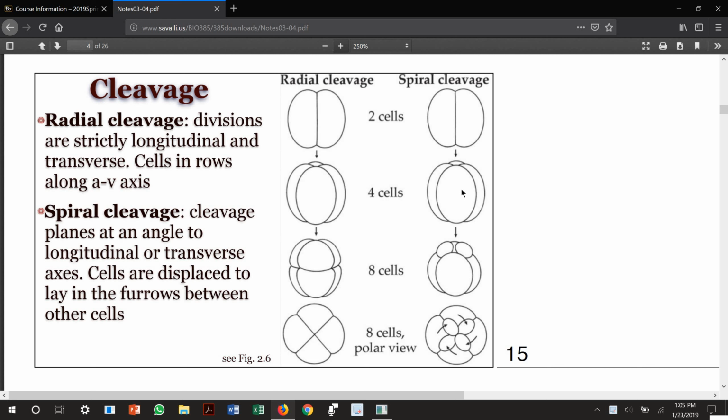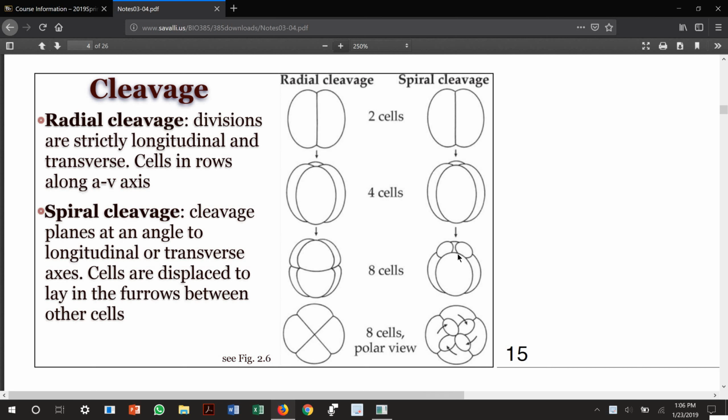And then the big difference comes at the 8-cell stage. In radial cleavage, the transverse division is strictly horizontal, and the cells stack up on top of one another from the animal to the vegetal pole.